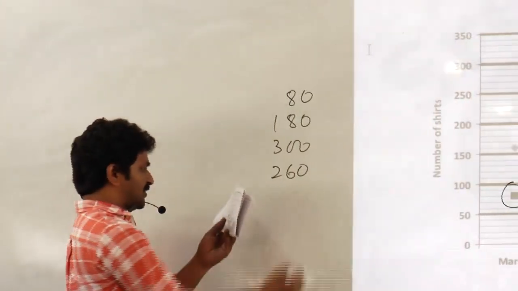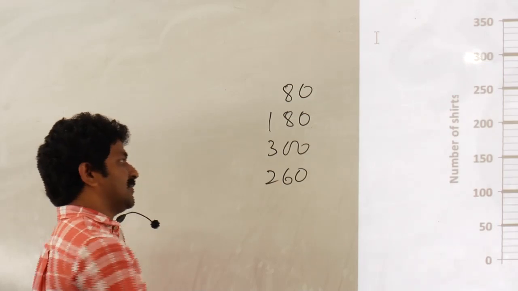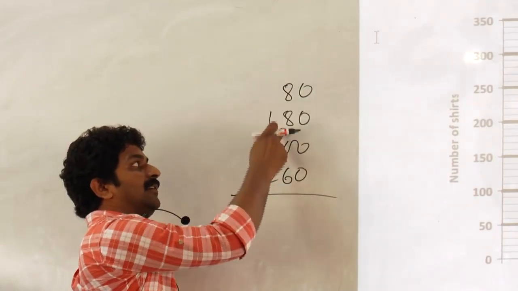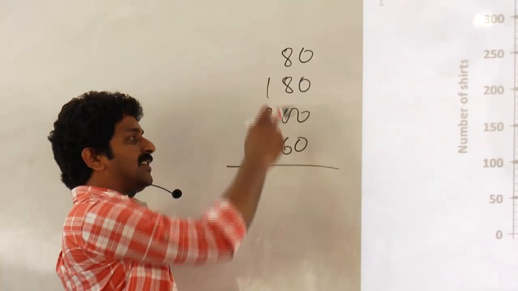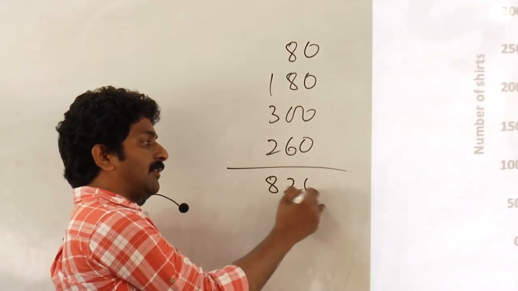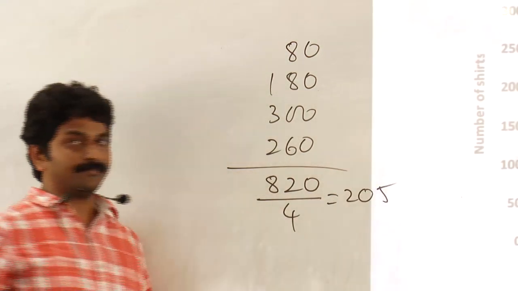You asked about average. 600, 160, 220, 820 divided by 4, 205.